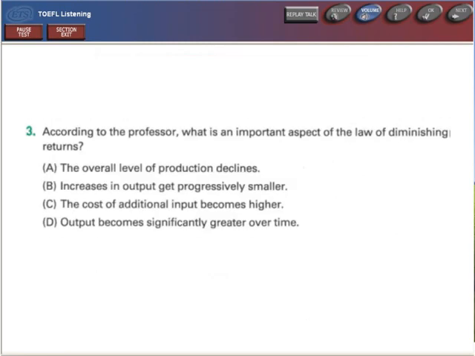According to the professor, what is an important aspect of the law of diminishing returns?